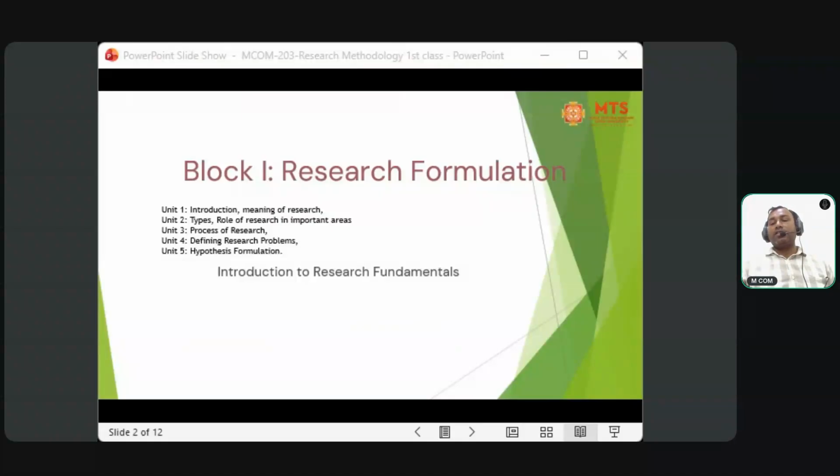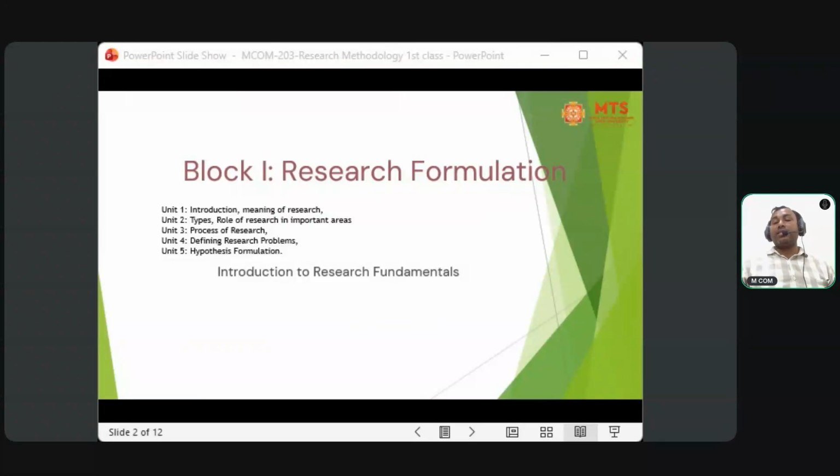The search for knowledge through objective, systematic methods of finding solutions to a problem. And according to Patten, research is the process of looking for answers to specific questions in an organized, objective, reliable way. Okay, there are so many definitions for research.